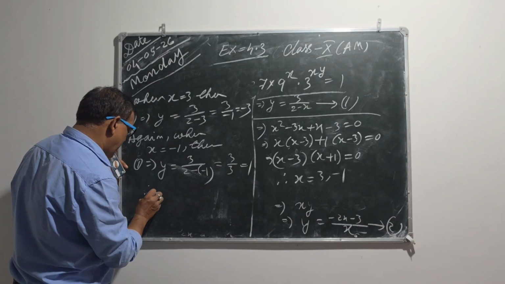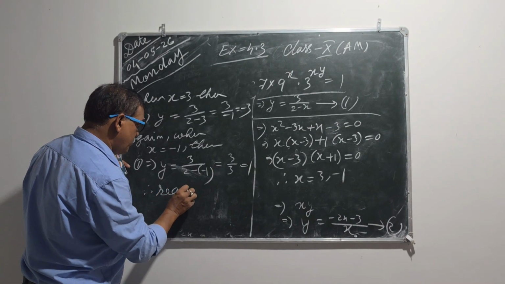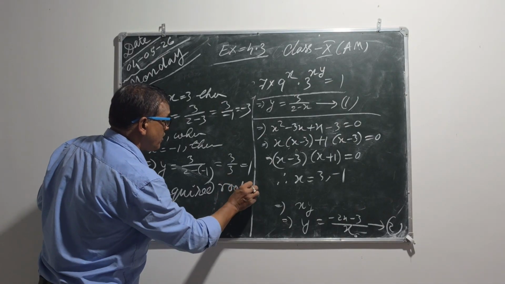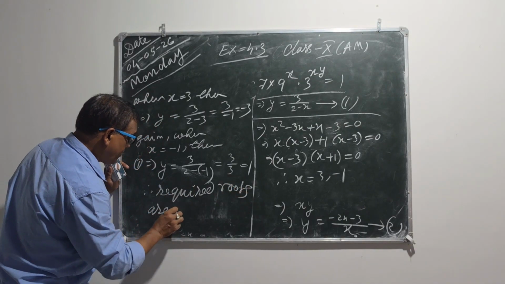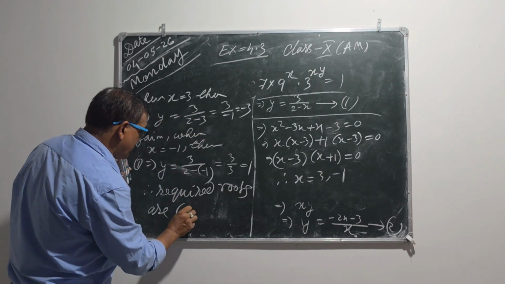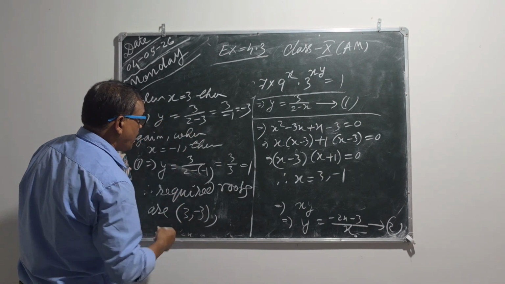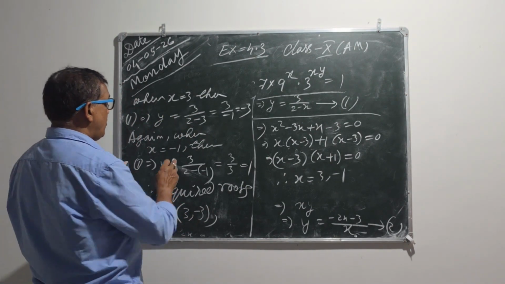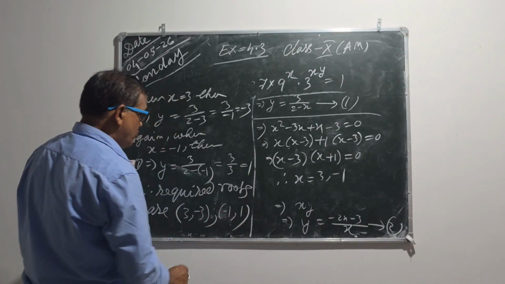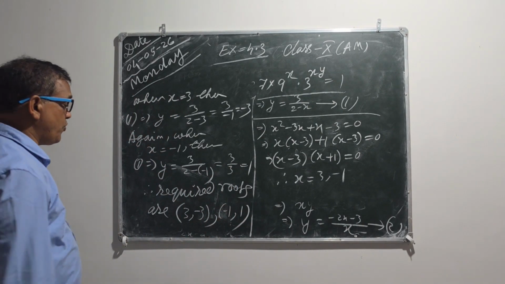Therefore the roots are, within the first bracket, 3 comma minus 2, and another first bracket minus 1 comma plus 1. So these are the roots of this equation.